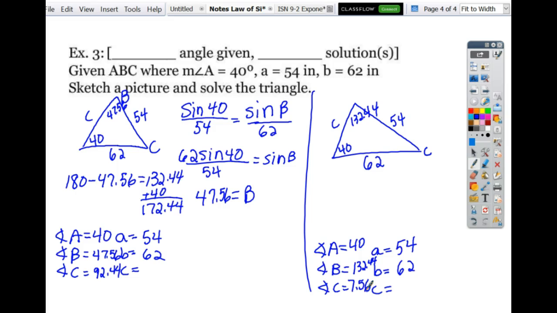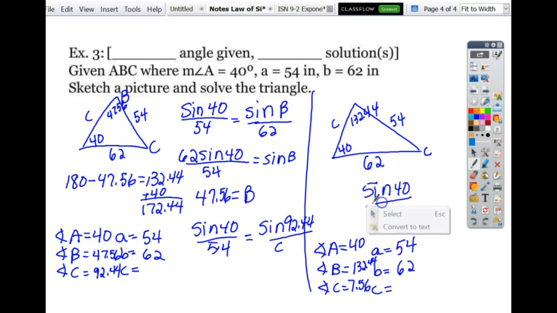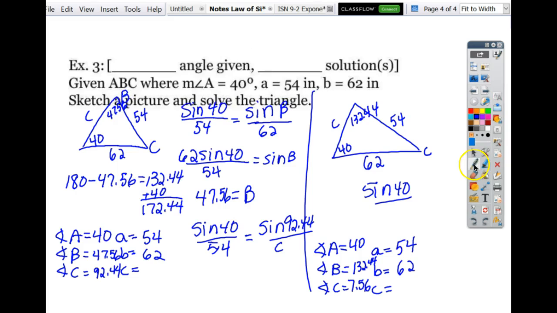Side C. So I'm going to use sine of 40 over 54, and for this one I'm going to use sine of 40. Then you just find your two C's, and then you're done.